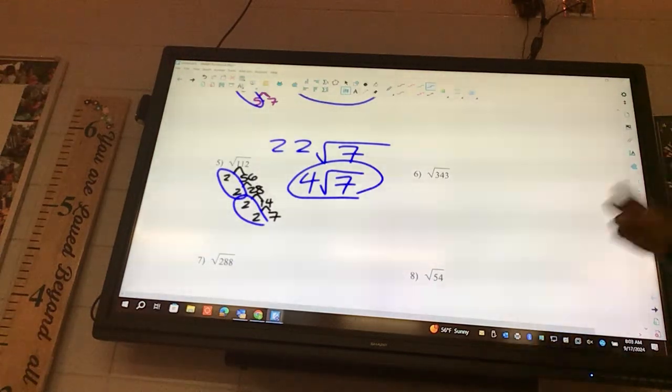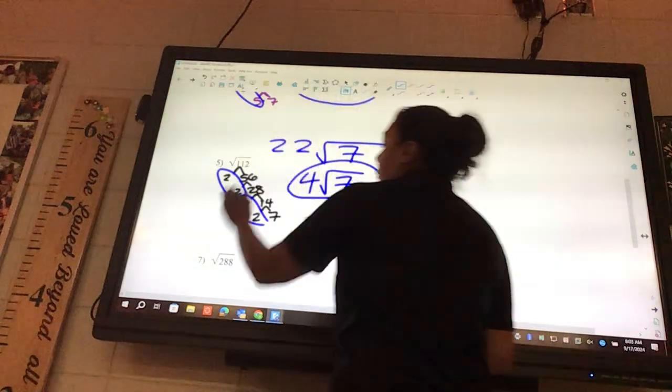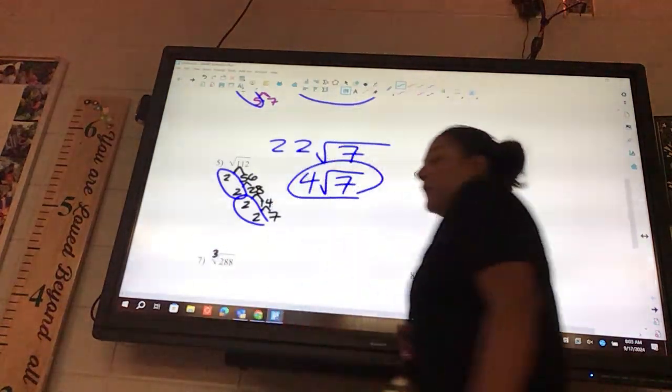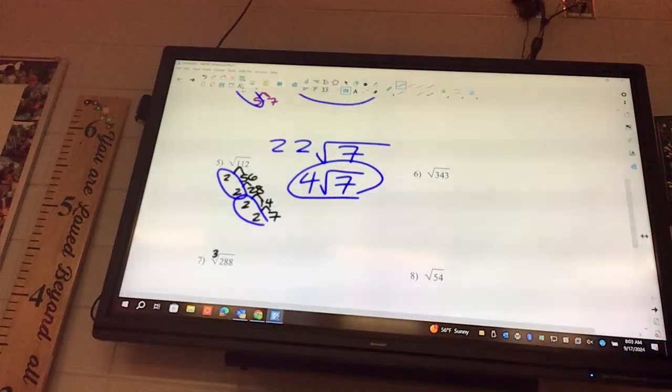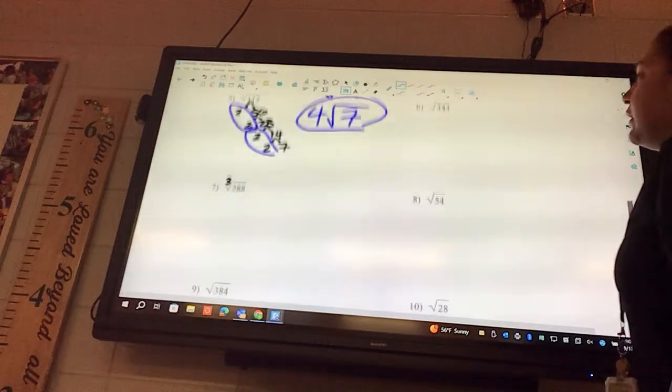Okay, number 7, I'm going to change it. We're going to put a baby 3 here. Mine doesn't look like it would be, because my marker on the right is so small. It's not going to change the tree or anything, so if you already did the tree, then that's fine.